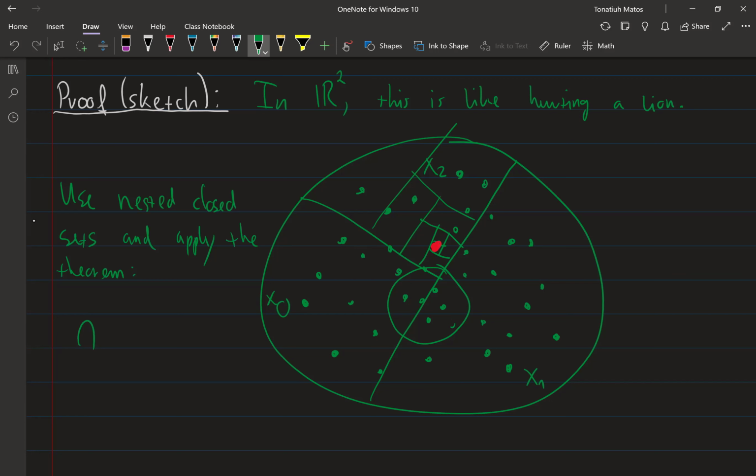So there is a point, call it L for lion. There is a point that is in the intersection of all of these pieces, right? So this is L. And then you just have to prove that by the way that you chose this, namely that every single piece that you're picking has infinitely many points, it should be very easy for you to show that L is the limit of this sequence, right?